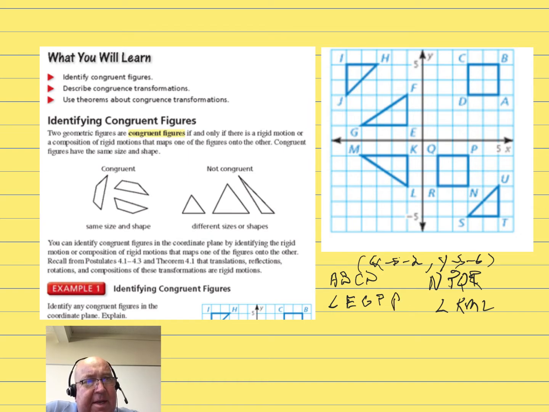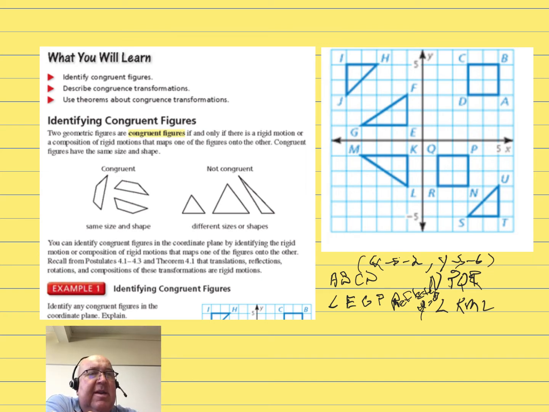So reflected across x equals 0, or the x-axis, or y equals 0. I mean, it's y equals 0 for the horizontal line, but it's the x-axis.